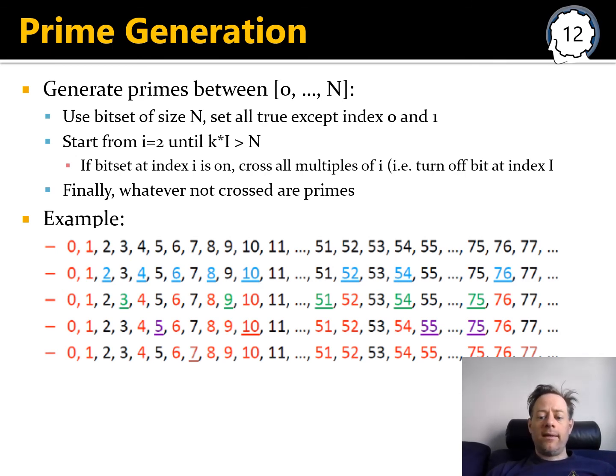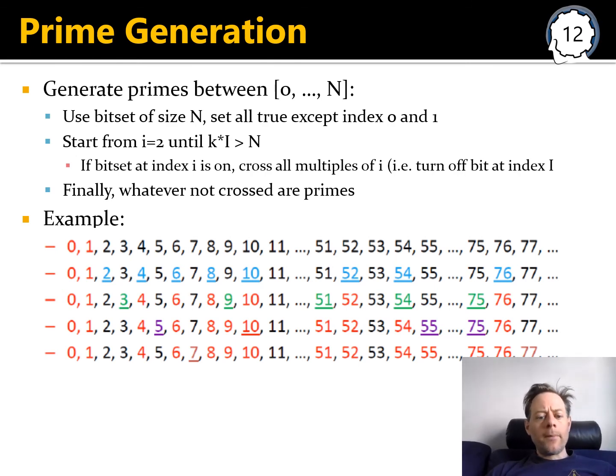And then we take the next number that has not been crossed out so far, which is 3. So 3 must then be a prime number. And we then cross out all the multiples of 3, which means 6, 9, 12, and so on. And actually, of course, 6 and 12 are already crossed out because they are divisible by 2 as well.